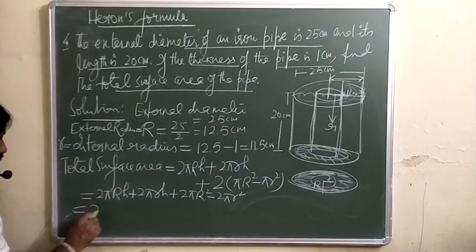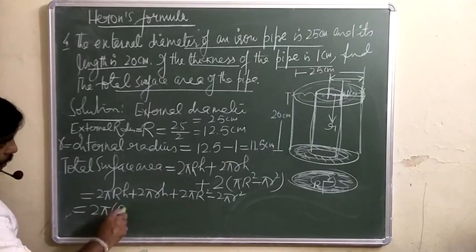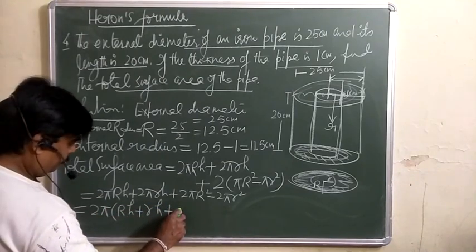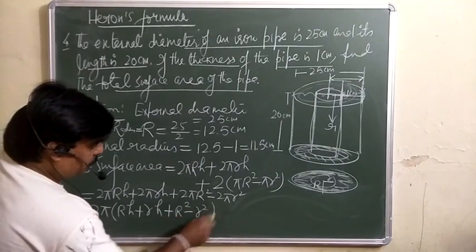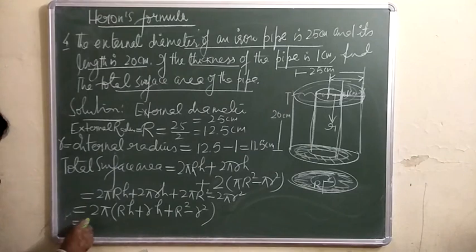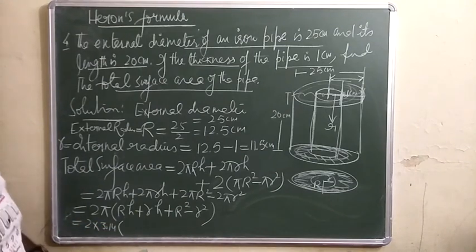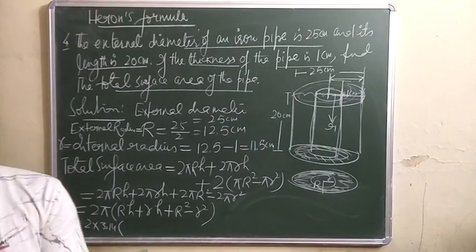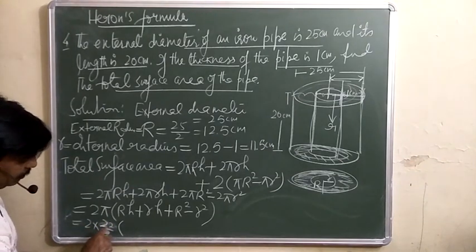For convenience, you can take the 2 pi common. So that is capital RH plus small rh plus capital R square minus small r square. Now you can put the values here: 2 into 3.14, or you can put 22 over 7 for the exact value.